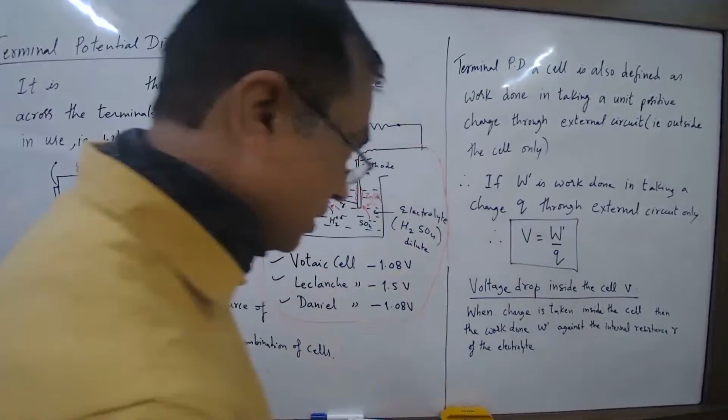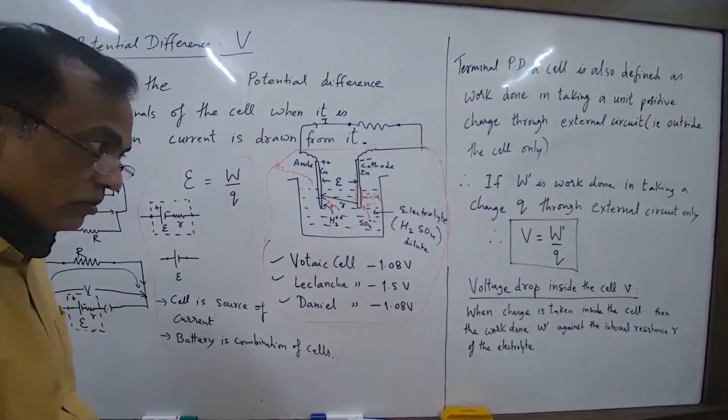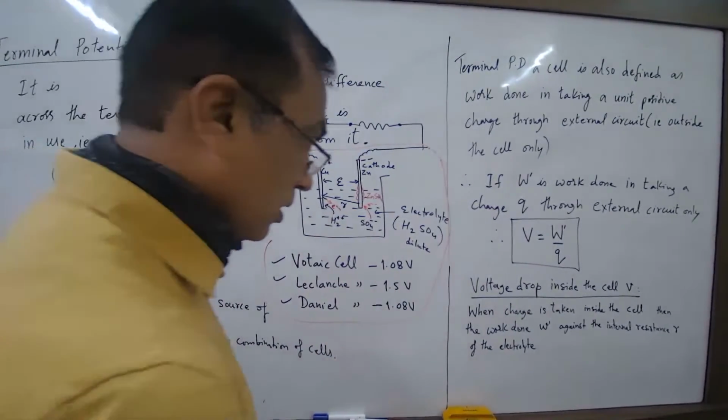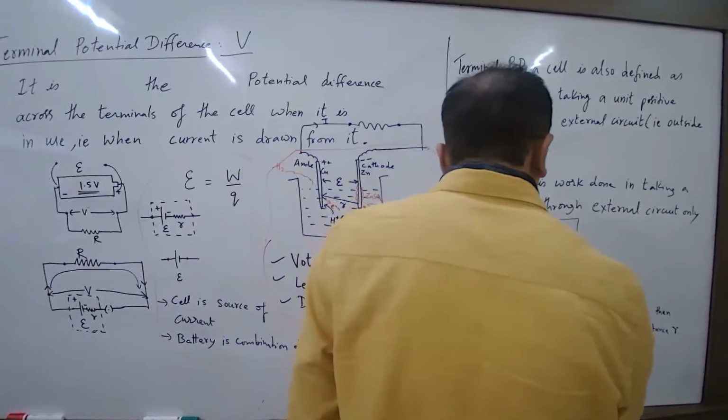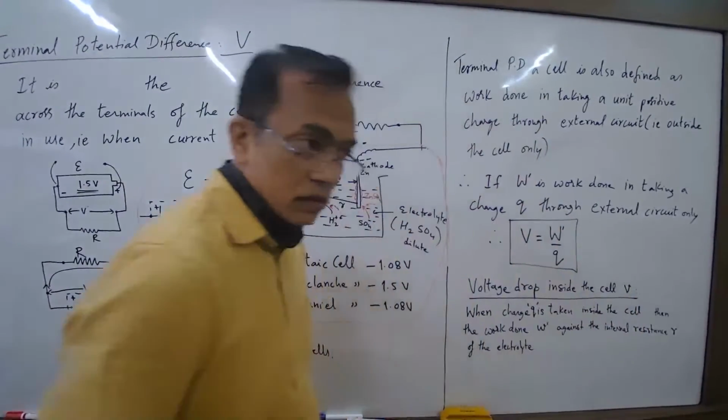The charge is taken inside the cell, then the work done w against the internal resistance r. Again, it is charge Q only, yeah? Right?